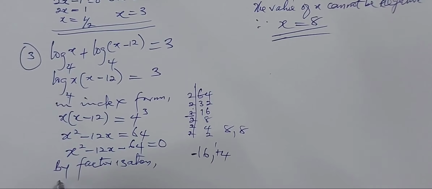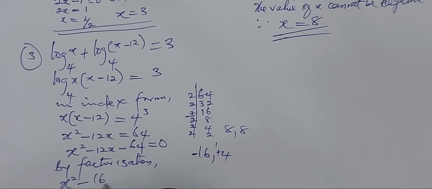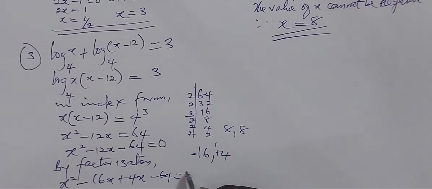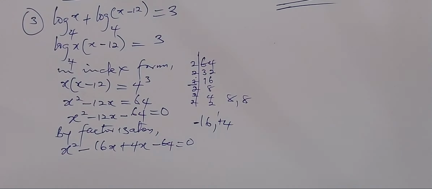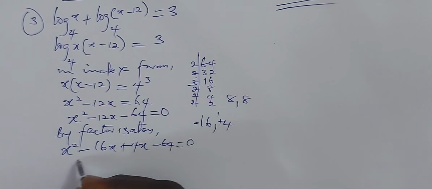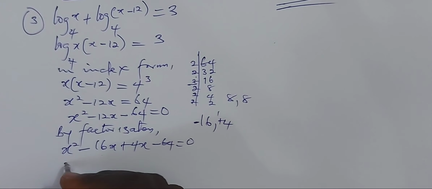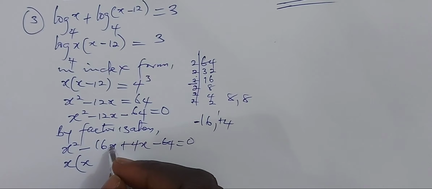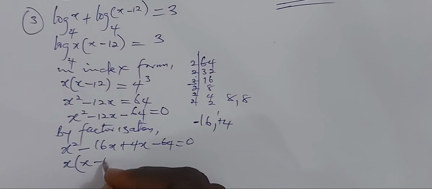So, we can proceed. X squared minus 16x plus 4x minus 64 equals 0. So factorize these two and these two. X is common. We have x. 16x divided by x, we have 16.